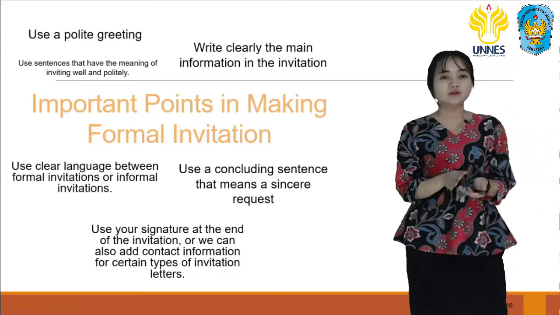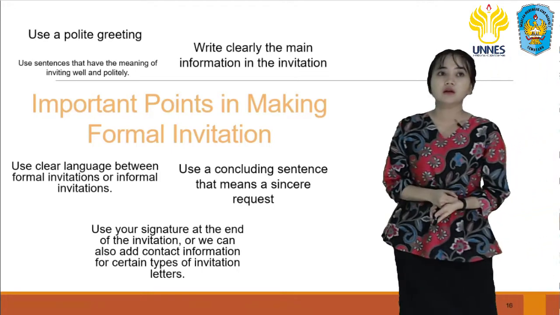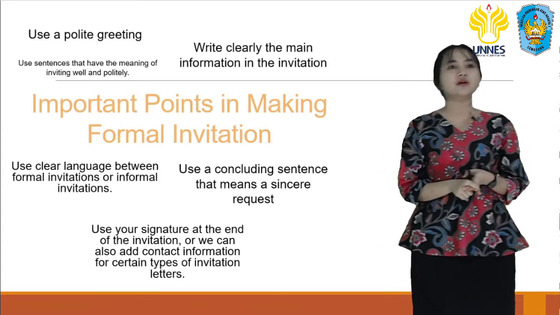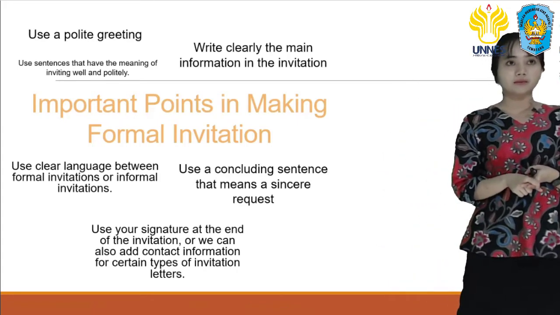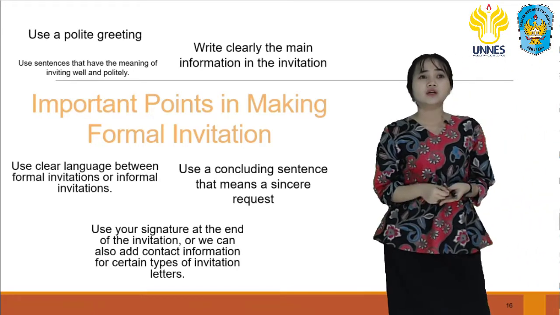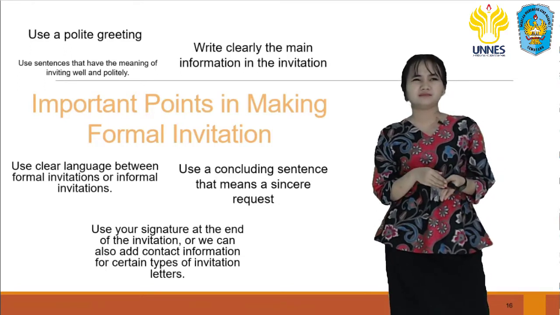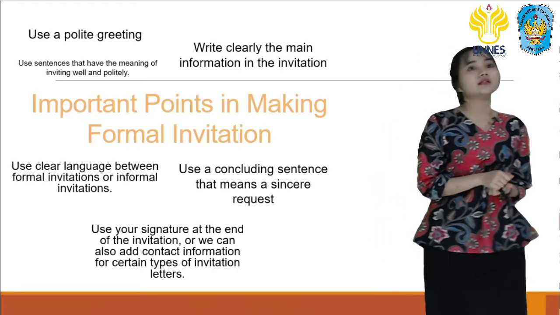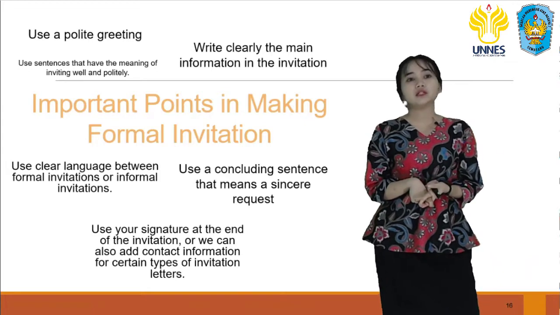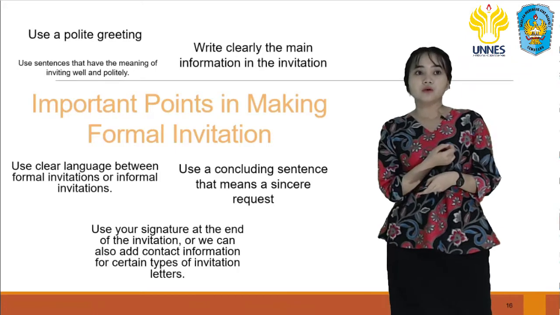So here the important points in making a formal invitation are: we need to use polite writing, use sentences that have the meaning of inviting well and politely, write clearly the main information of the invitation, use clear language between formal invitation and informal invitation, use a concluding sentence that means a sincere request, and use a signature at the end of the invitation. Or maybe you can add your contact information.